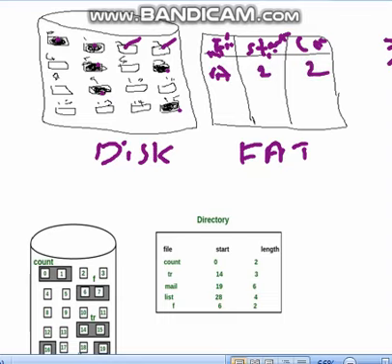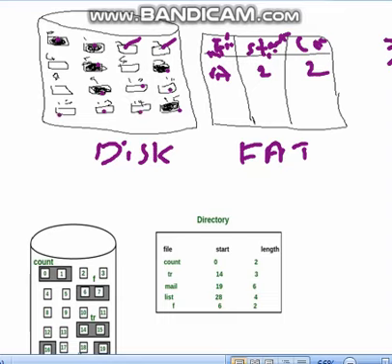For example, if you want to store a file requiring 5 blocks of memory, then continuous memory allocation automatically searches where 5 continuous blocks are available. Here we can see 10, 11.